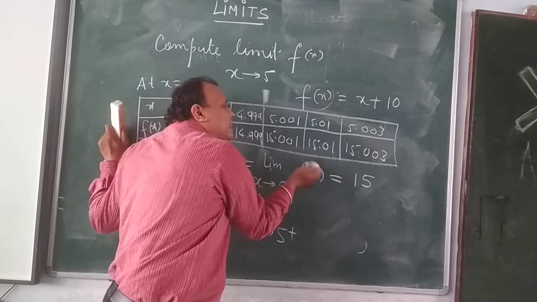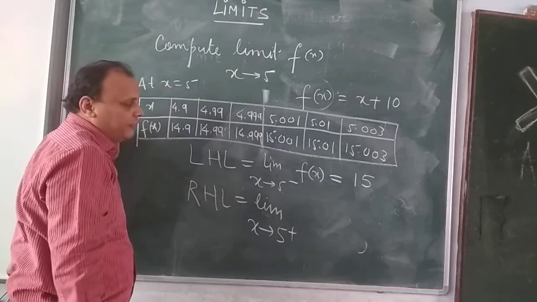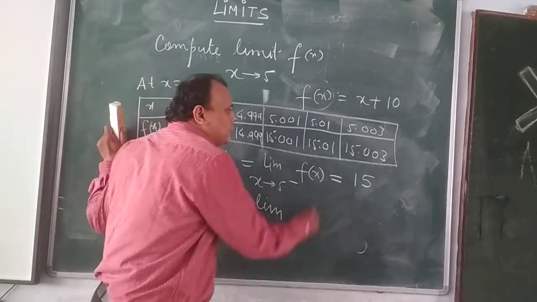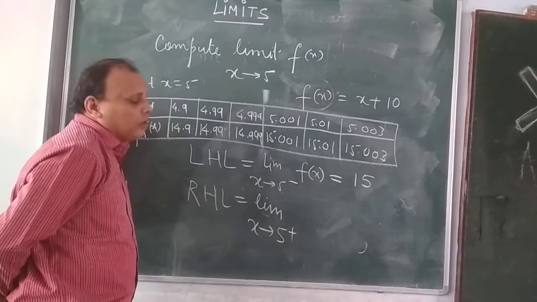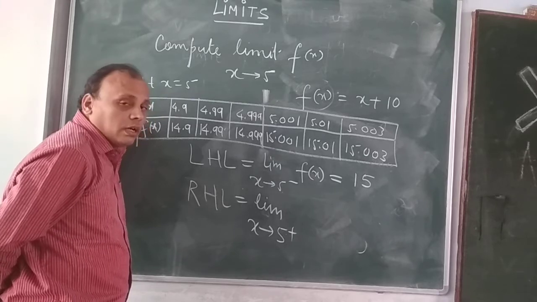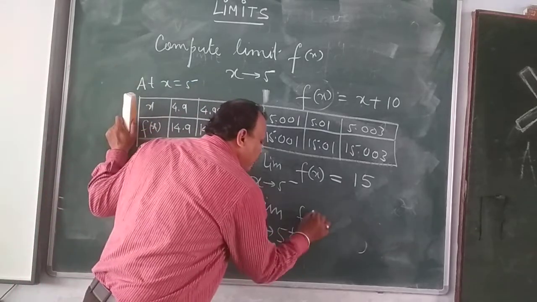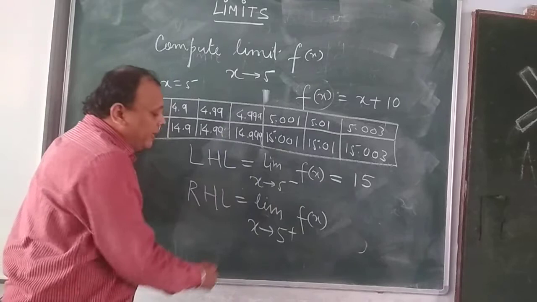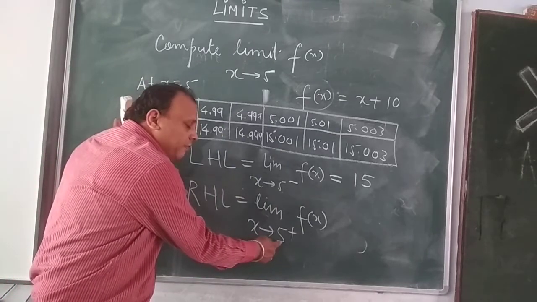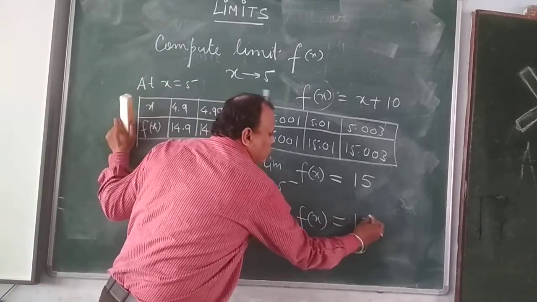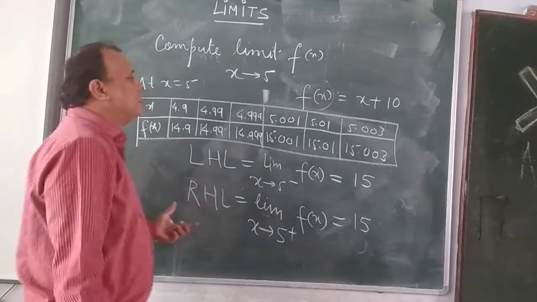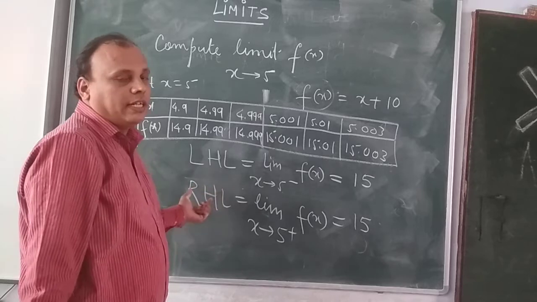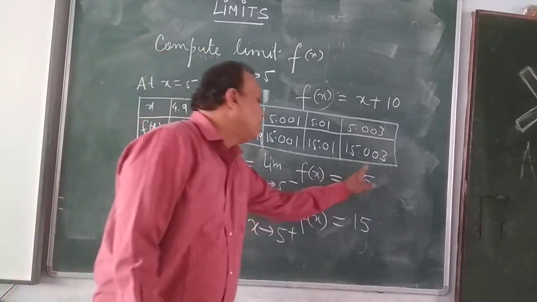So it is going nearer and nearer towards the value 15. The function will approach the value 15 as x approaches towards 5 from the right hand side. So we can write the value of the limit of the function when x tends to 5 from right hand side, it is also equal to 15. Clearly, we can say that the limit of the function exists and it is equal to 15.